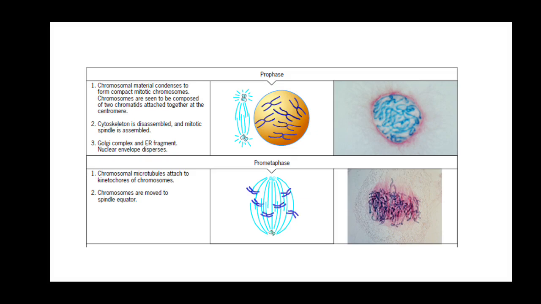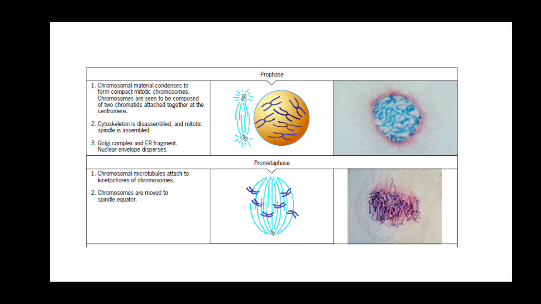So these are the two types of division, mitosis or meiosis. The first one, mitosis, as I said, is mainly concerned with growth and repair. This type of division gives rise to daughter cells which will be exactly similar to the mother cell.